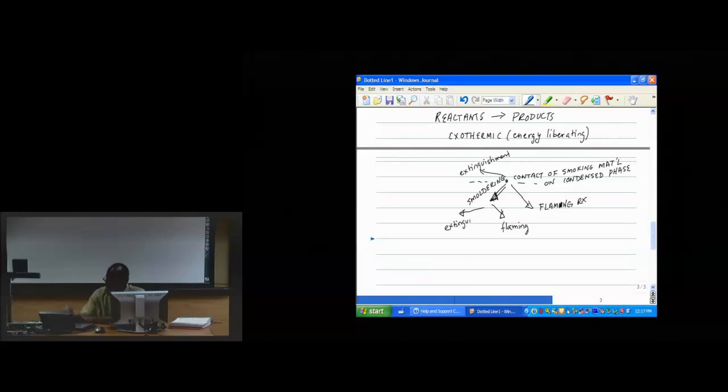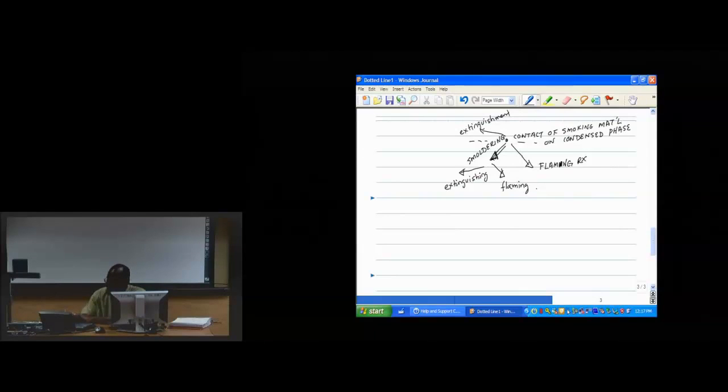Now, when we have this small kernel of a flaming reaction, let's talk about what is occurring there. So now all of a sudden we're talking about a solid material.